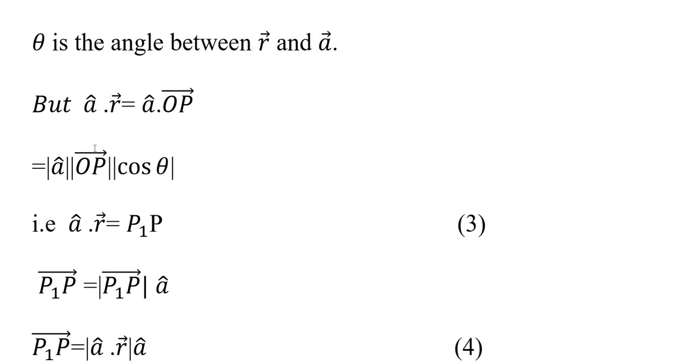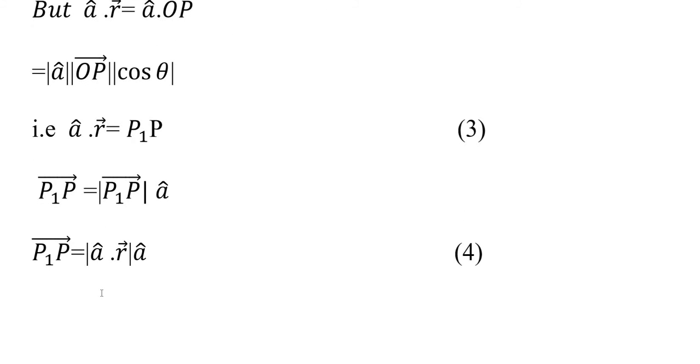By the dot product, we may write mod A cap mod OP vector into cos theta. That is, A cap dot R vector equal to P1P, that is OP into cos theta. So P1P vector equal to mod P1P vector into the A cap unit vector. Therefore P1P vector equal to A cap dot R vector into A cap.